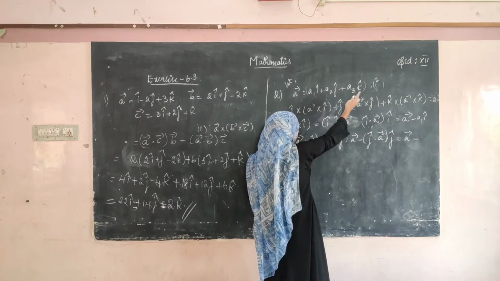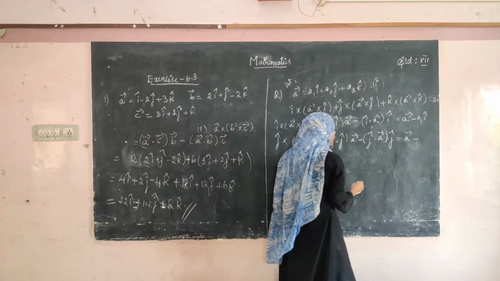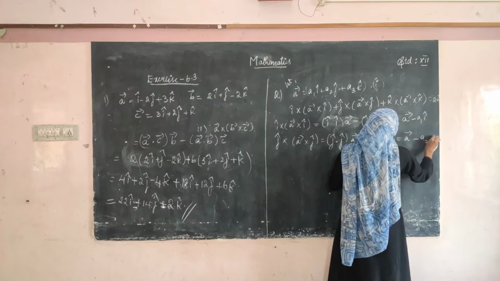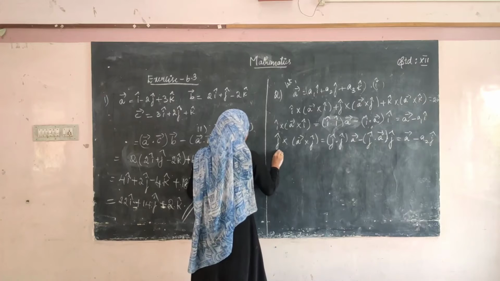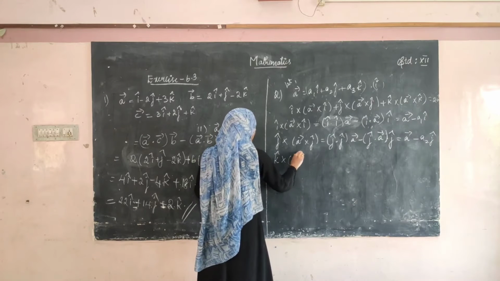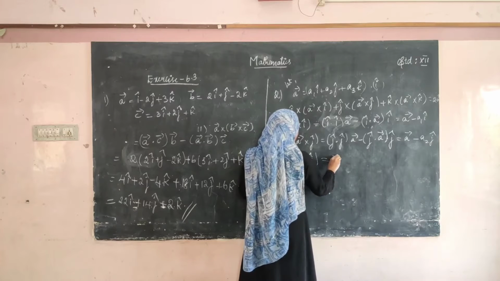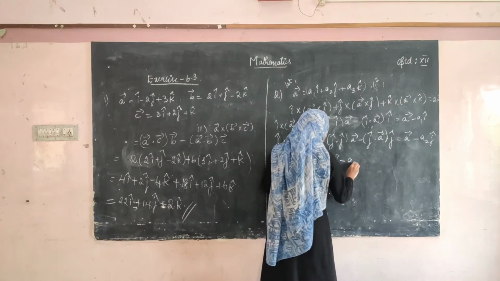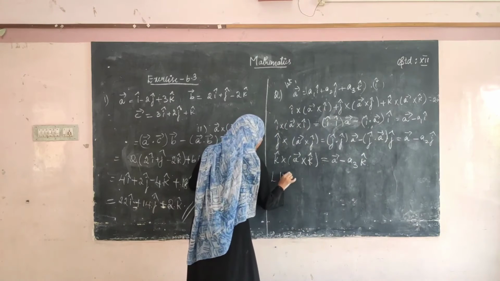So here multiply the coefficients of J cap and A vector. This will be A2. So minus A2 J cap. Similarly, this term K cap cross A vector cross K cap can be written as A vector minus A3 into K cap.